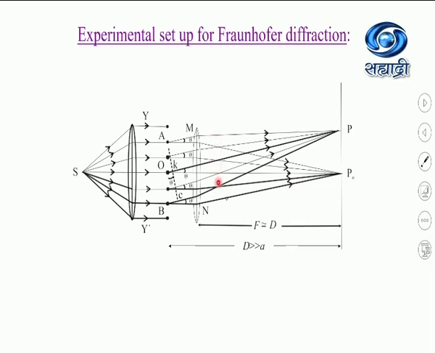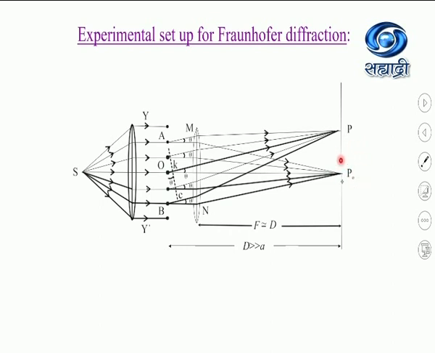So all the waves reaching point P0 are in phase with each other, and therefore they produce constructive interference at point P0, or point P0 is the bright point, or there is a bright fringe observed around point P0.